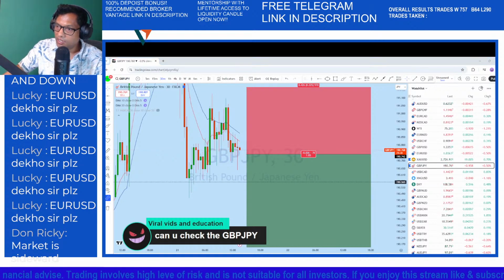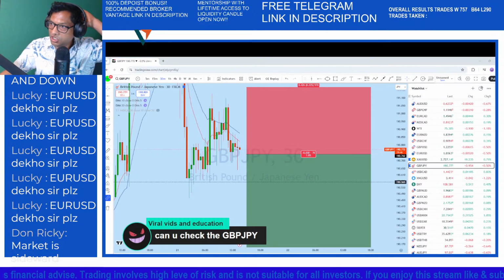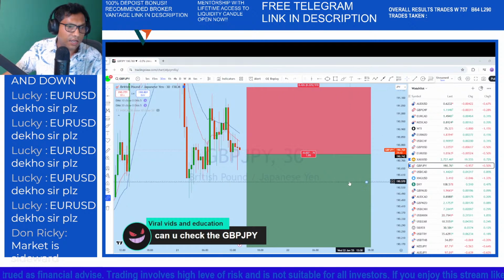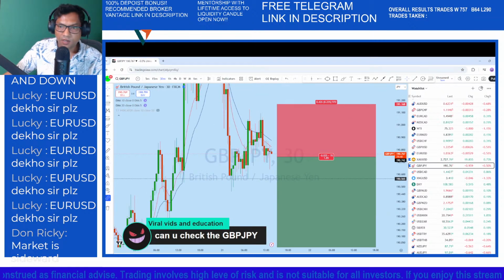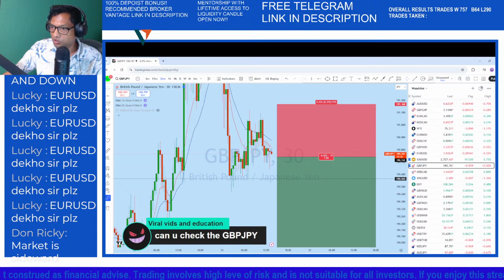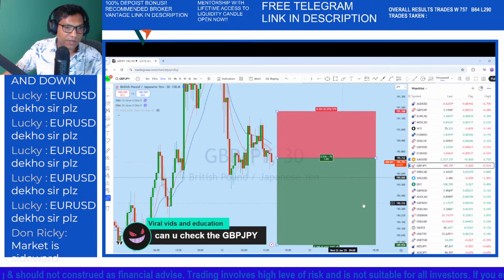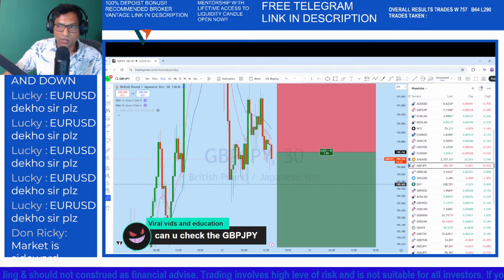As we are almost near the end of the session, with the GBPJPY trade, would like to close at break even. My entry on GBPJPY is at 7.3. So once it's coming here further below, so I'm below my entry.